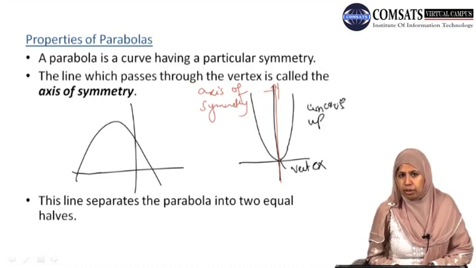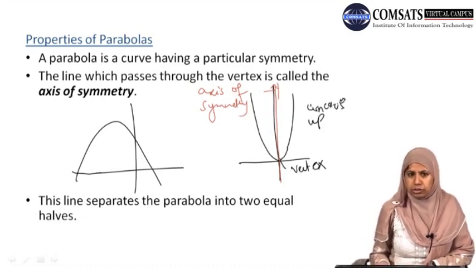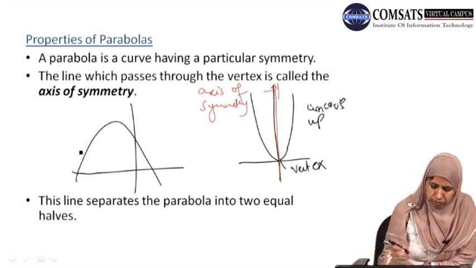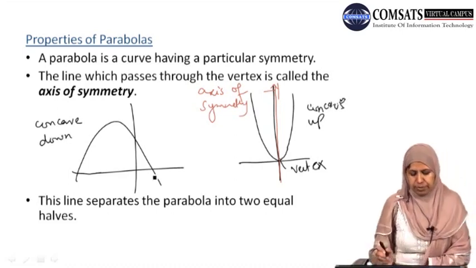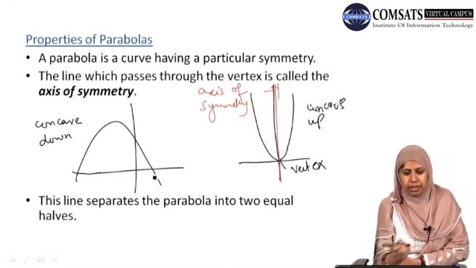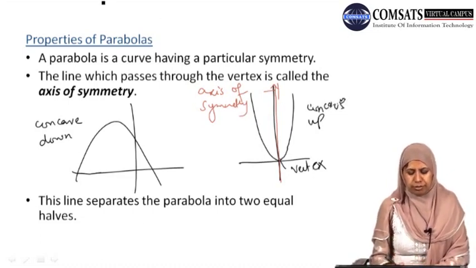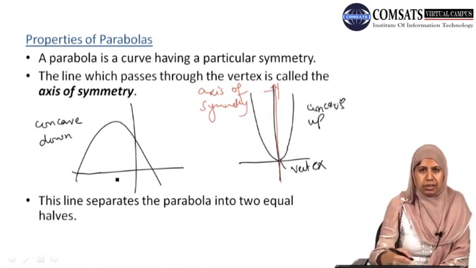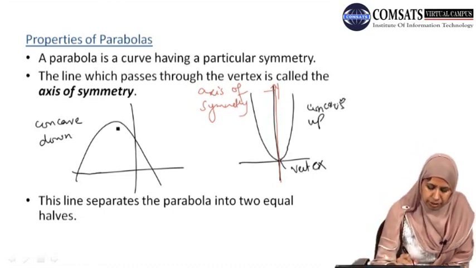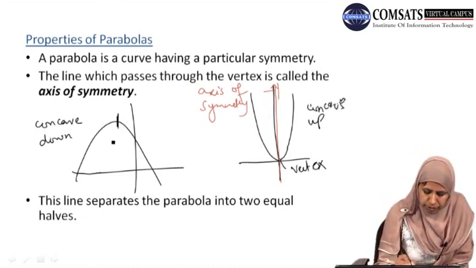And is it concave up or down? It is open from the bottom, so it is concave down. What is the vertex in this graph? The vertex will now be the point where the graph changes its direction. So this point will be the vertex.